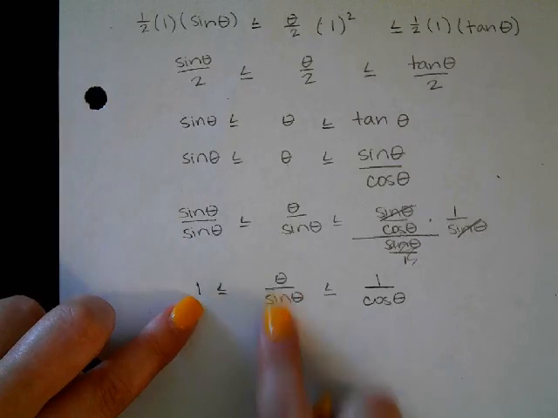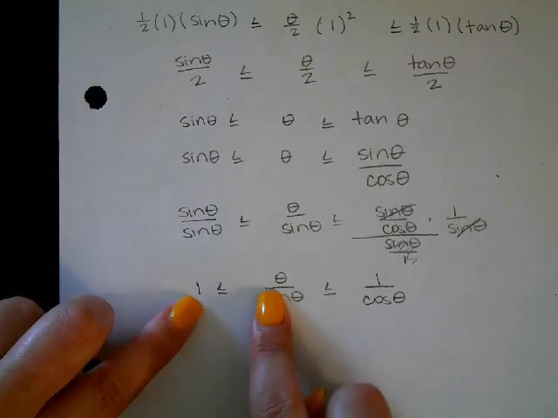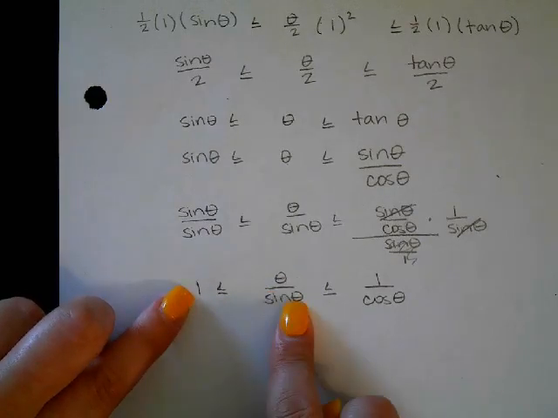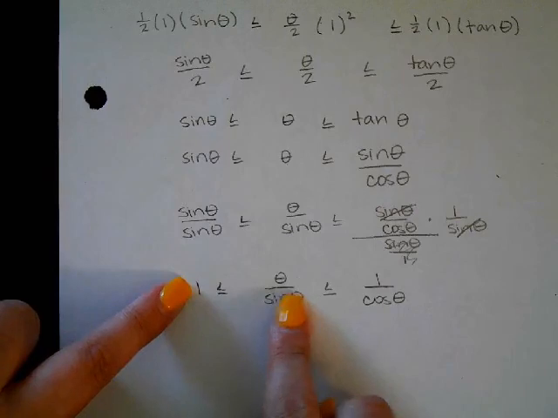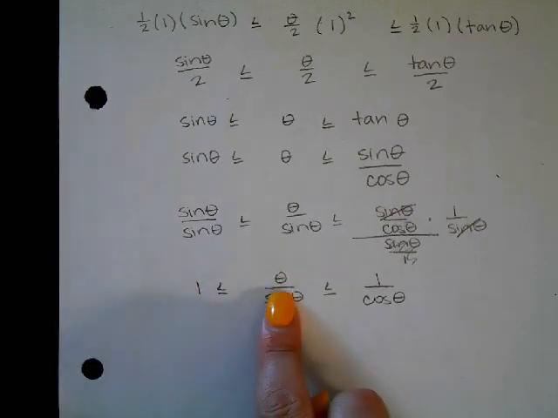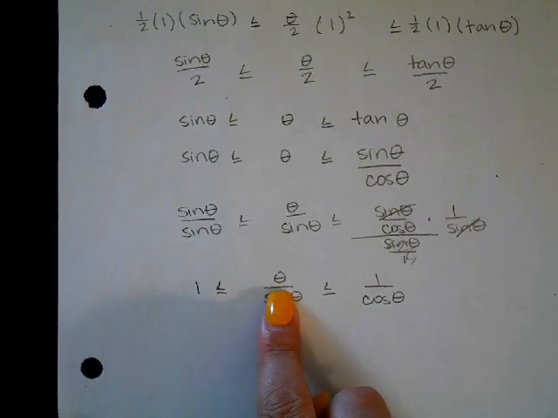I had 1 is smaller than 3/2, and I flipped the 3/2. Would 1 be smaller anymore? No, it'd be bigger now. So anytime you flip a fraction, say the top was smaller and the bottom was bigger, and then you flip it, you're going to have to flip your inequality symbols too. It's the same idea as dividing by a negative.